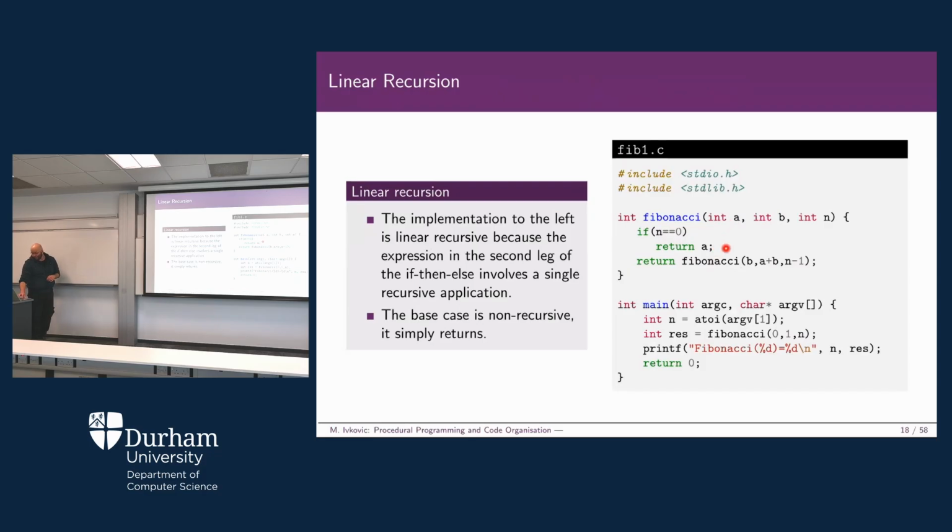Otherwise, call yourself recursively, but decrease n, so go n times back, while this parameter b here is always incremented. So we're going back while adding stuff up going backwards.